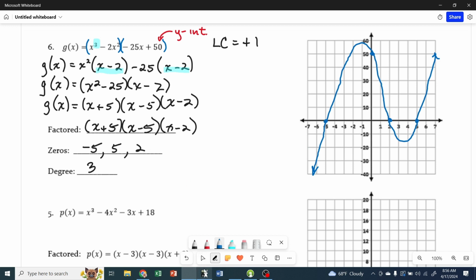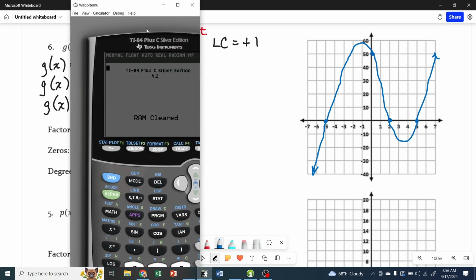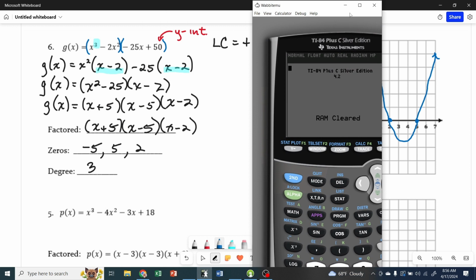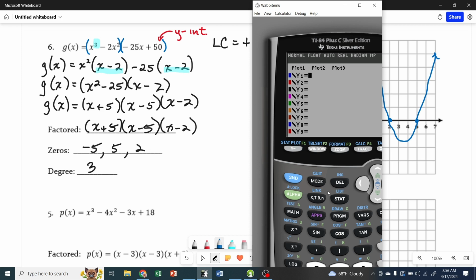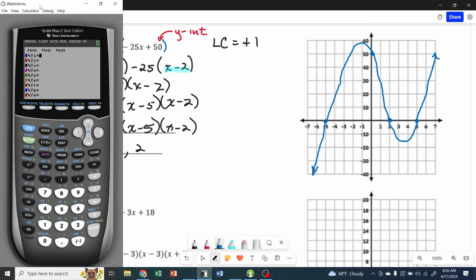Now, one of our tools that we can use is a graphing calculator. So we're going to go ahead and use that, and we're going to plot this equation, right? This function.